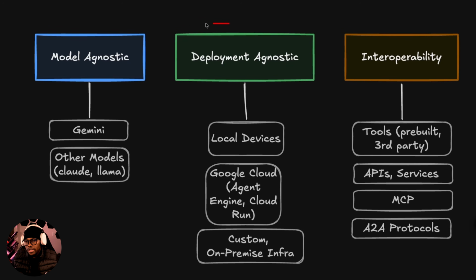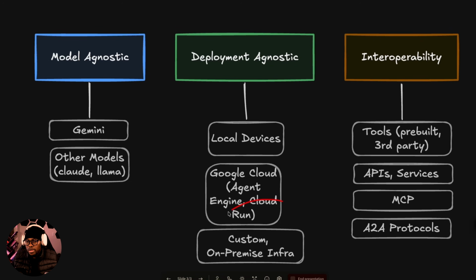Then next, when we say ADK is deployment agnostic, what we're saying here is that you can deploy your ADK agents almost anywhere. You don't have to deploy them on Google Cloud, but you can, and you have options when it comes to Google Cloud, which includes the agent runtime engine on GCP. So this is the Vertex AI agent runtime engine.